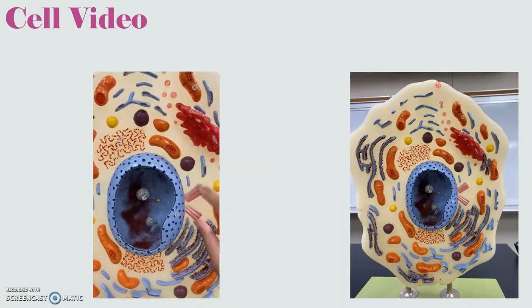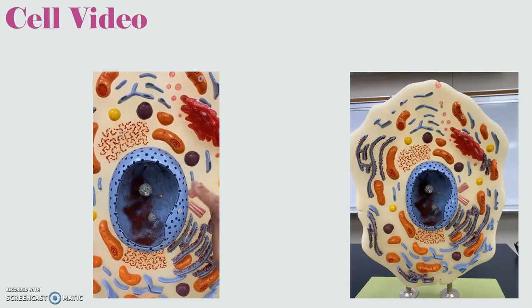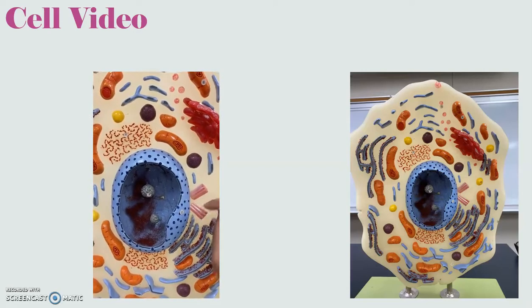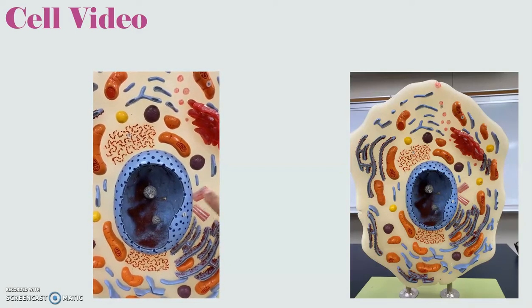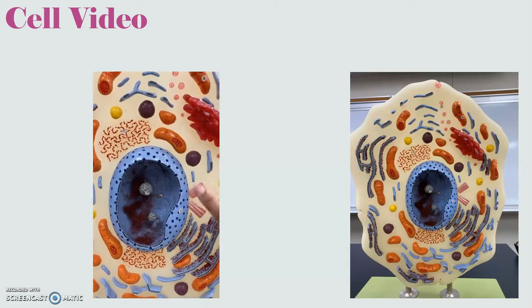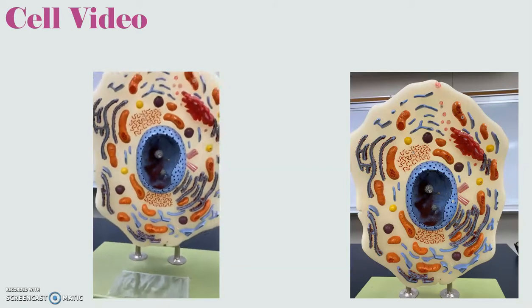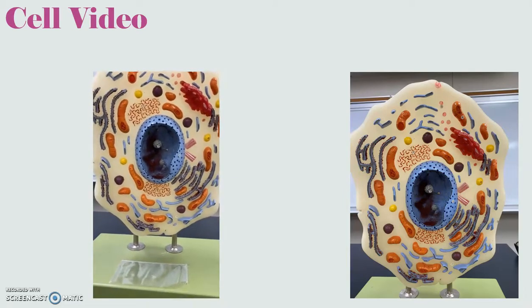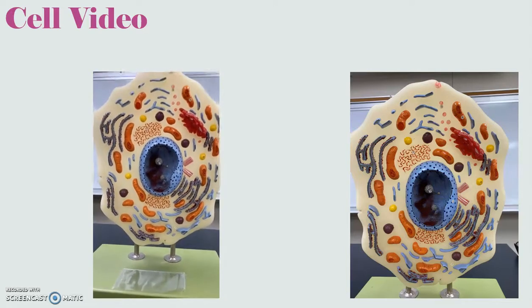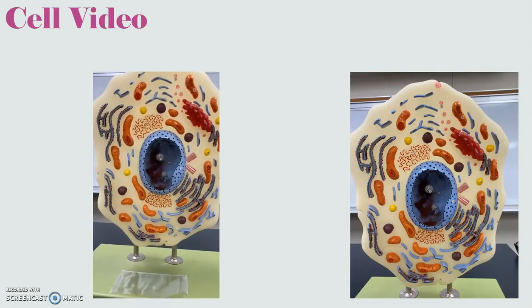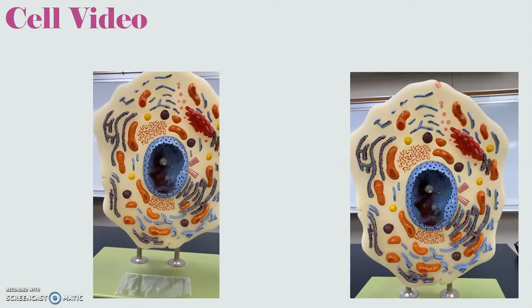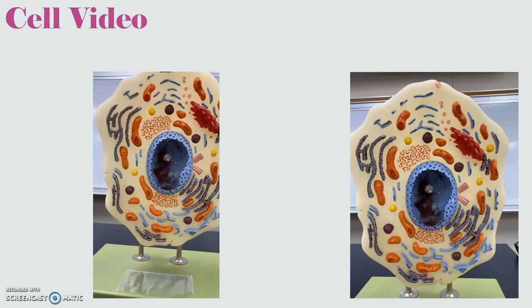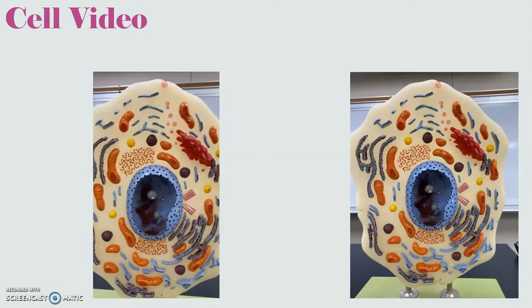Pink structures that are adjacent to the nucleus are called centrioles. This region that they are in is called the centrosome, but the two pink structures are called centrioles, and their function is to produce a mitotic spindle. The mitotic spindle is going to be used for cell division, during the process of mitosis, okay? Then we have these little orange structures.